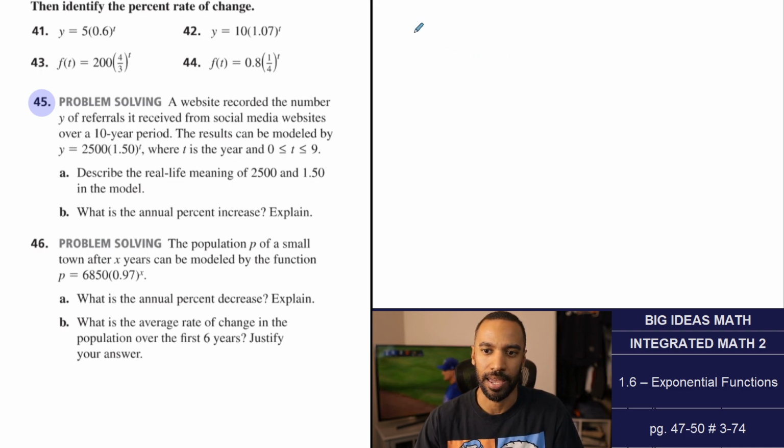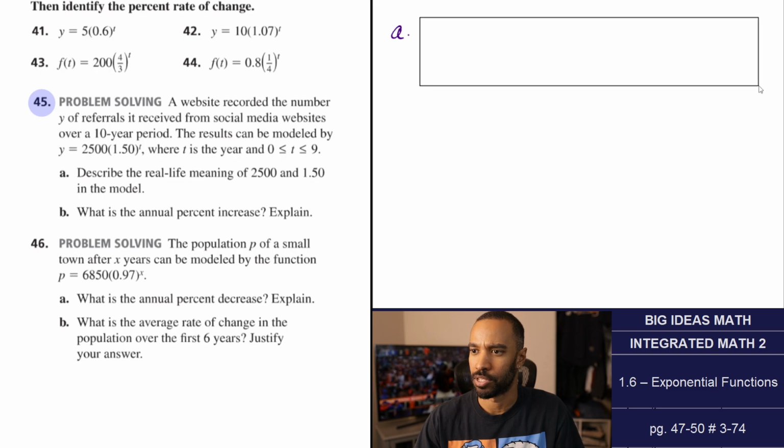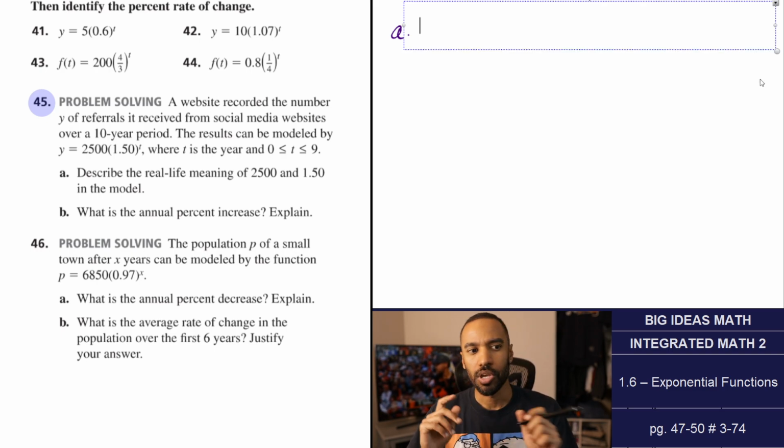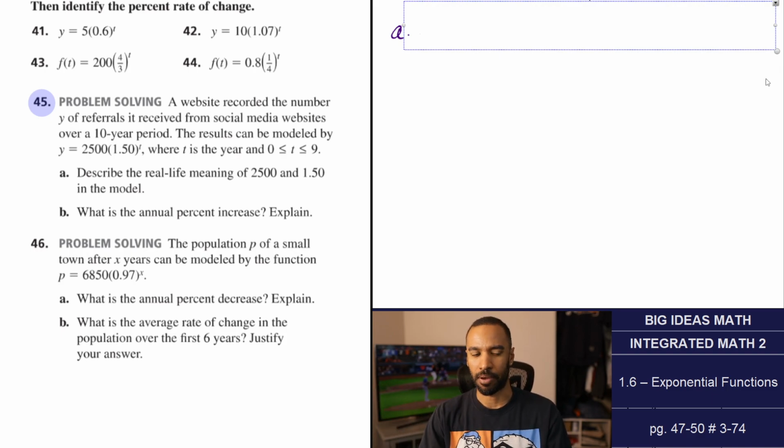So just part A. It's probably something I have to type out. Let me reread this. A website recorded the number of referrals. So if Y is in referrals, then the initial amount is referrals.